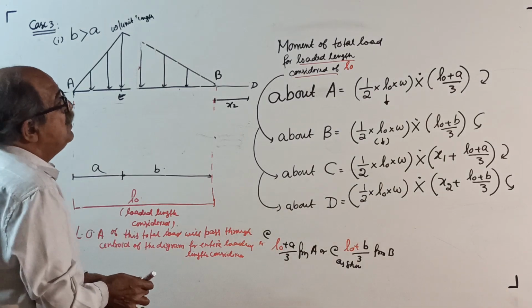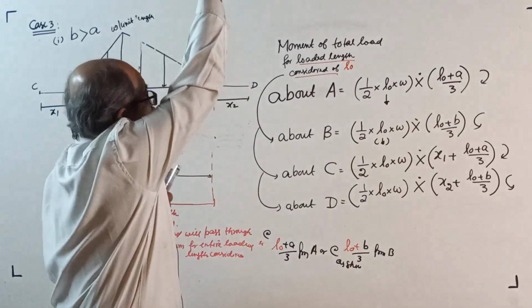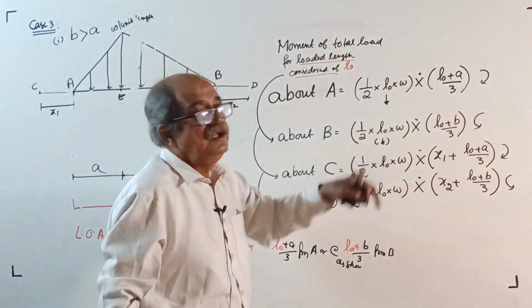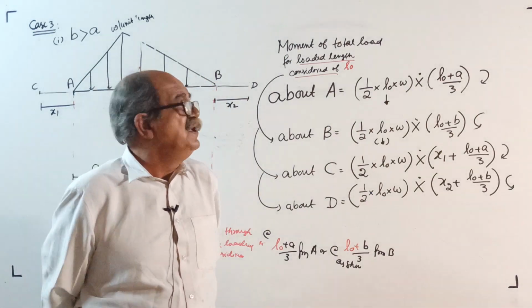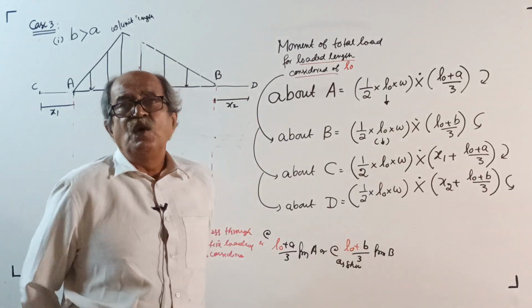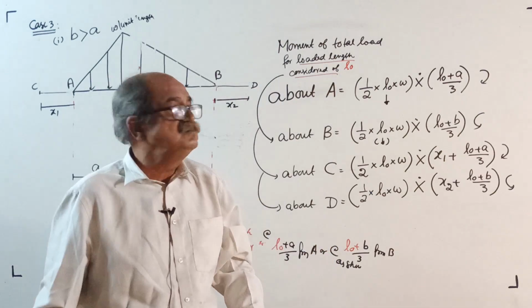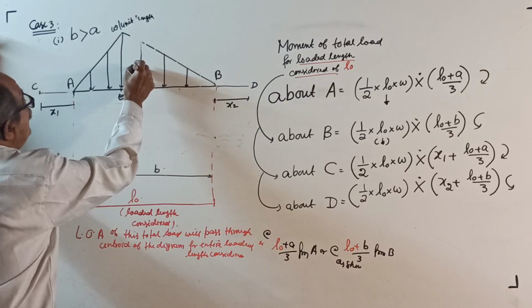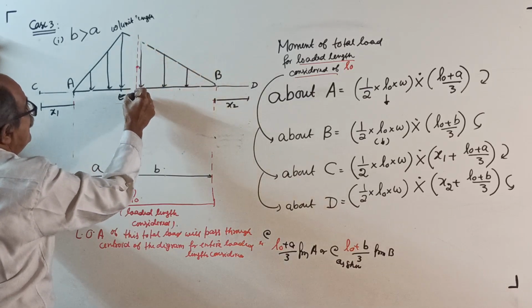Now first, thousands of times I have told you, when you want moment, load multiplied by what? That into the perpendicular distance from the point about which you want moment to the line of action of the total load. Therefore, draw a line here, somewhere here.